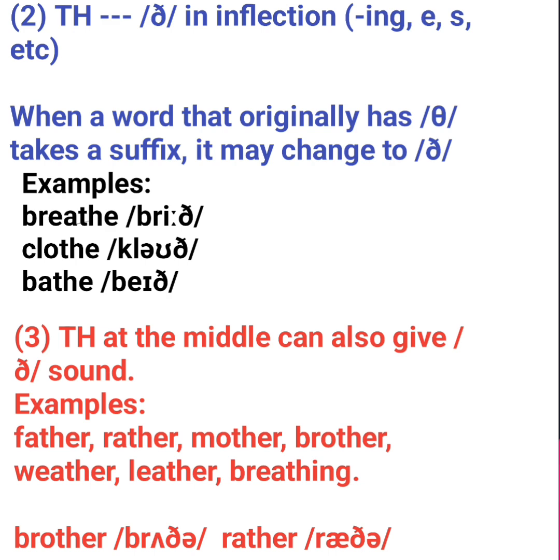But once we have inflection that comes after TH, the majority of the words will change from the theta sound to the eth sound. So that's why we have these examples.